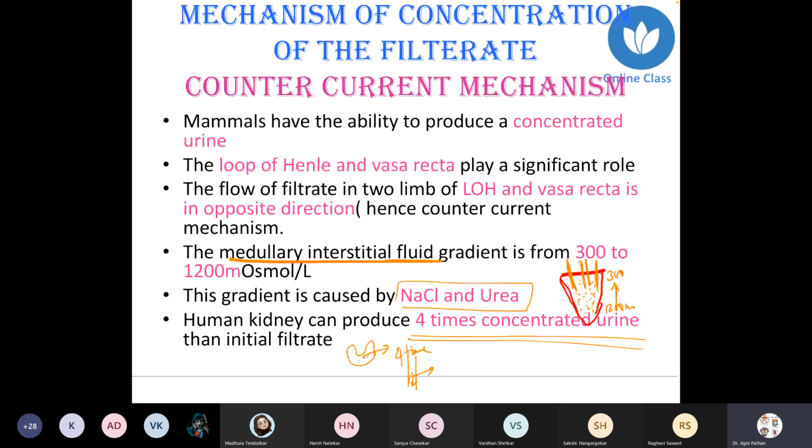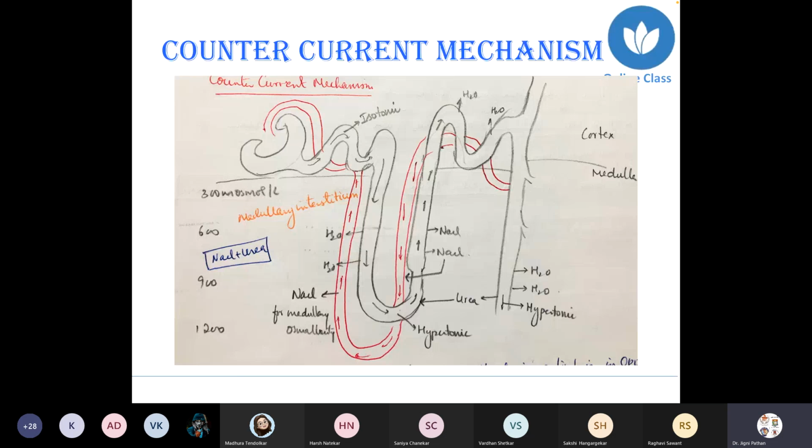Countercurrent mechanism. Here, I'll explain to you. Can you see the diagram of the countercurrent mechanism? Pencil diagram. Please draw this. I'll explain you the mechanism.